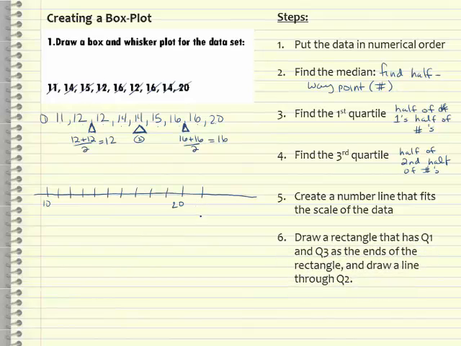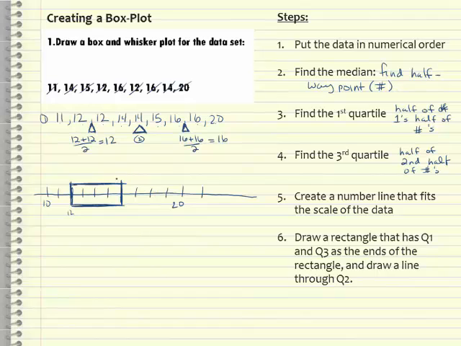And then I draw a rectangle that has Q1 and Q3 as the ends of the rectangle. So here's quartile 1 is at 12. Quartile 3 is at 16, so 12, 13, 14, 15, 16. And I make a rectangle. Okay.